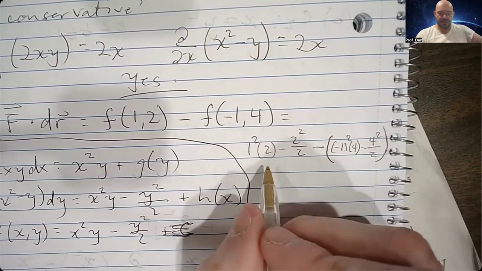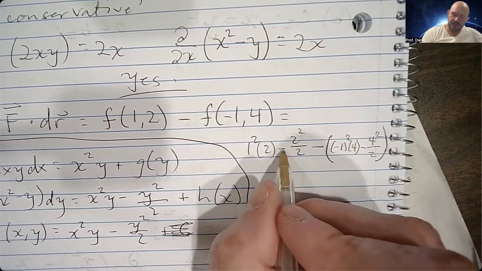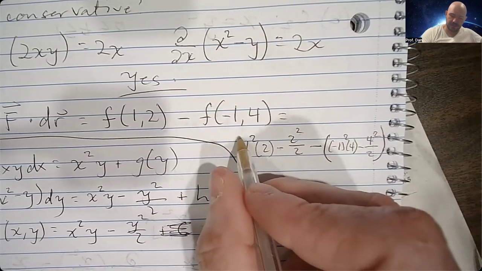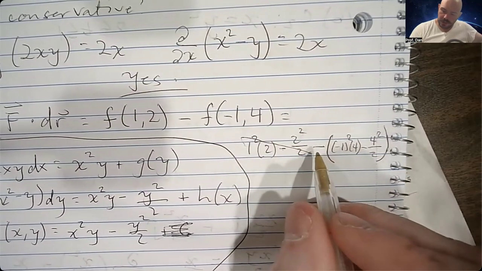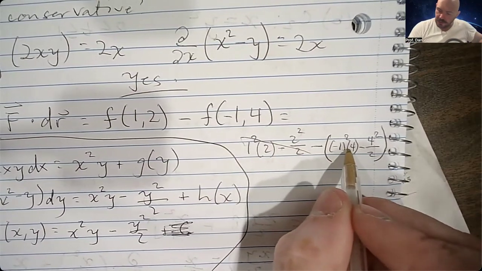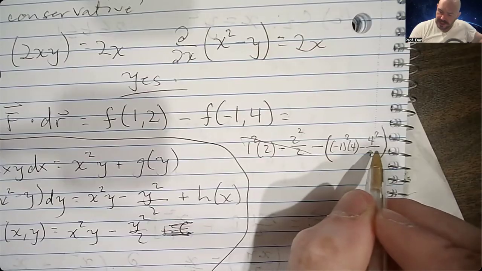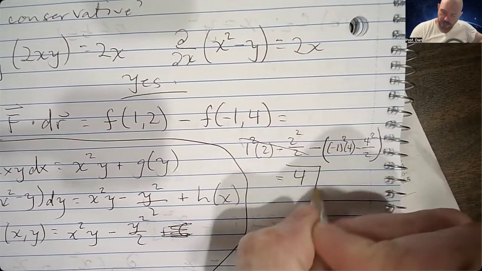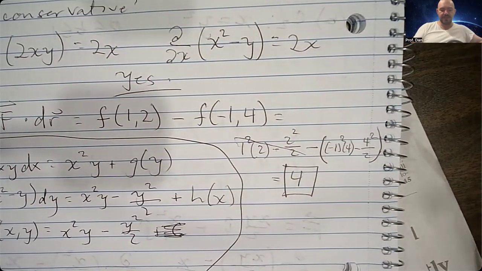Then doing a little arithmetic, I get 2 minus 2, so that's 0. And then I have 4 minus 8, which is negative 4. Multiplied by the negative, we get 4. So the value of that integral is 4.